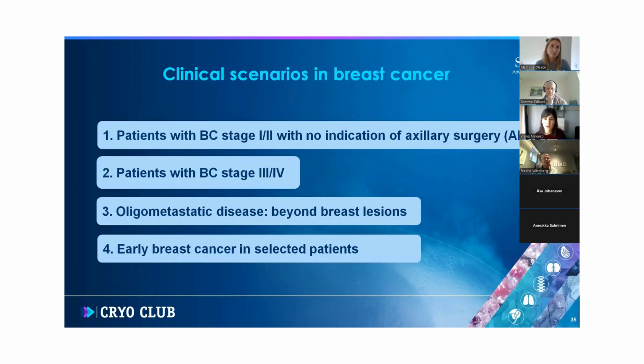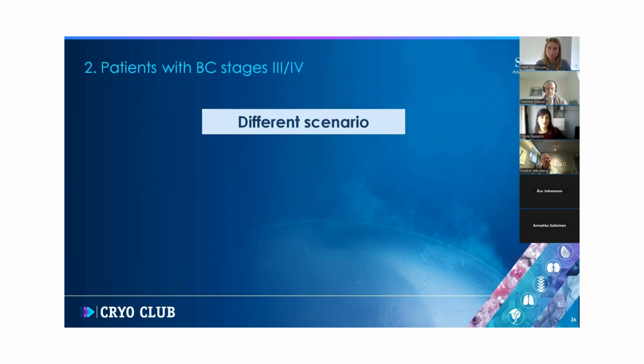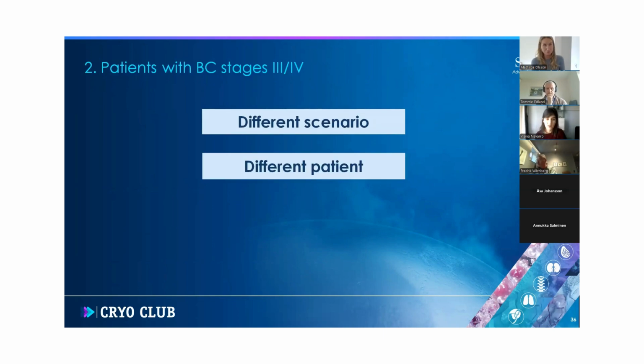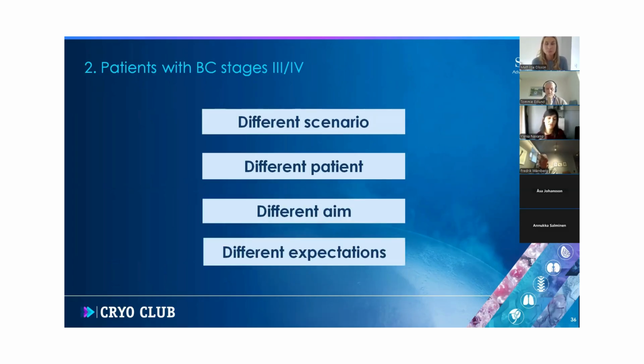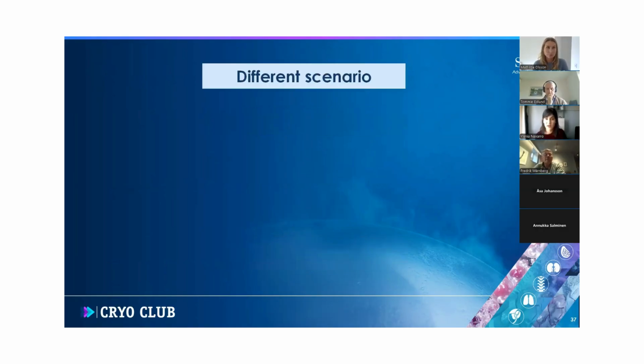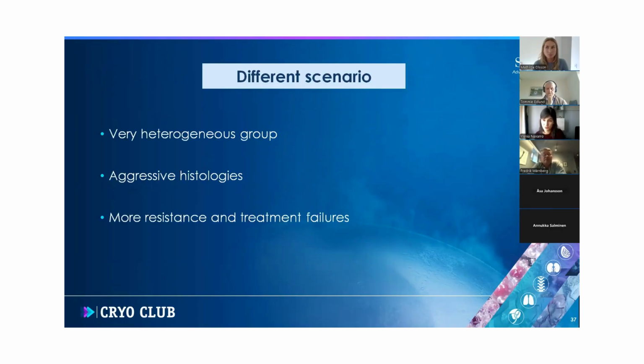Okay, so now let's move to stages 3 and 4. Here we have a totally different scenario, different patient, different aim, and different expectations. It is a very heterogeneous group of patients according to age, staging, aggressiveness, and histology.